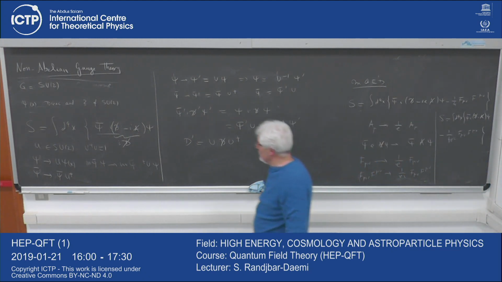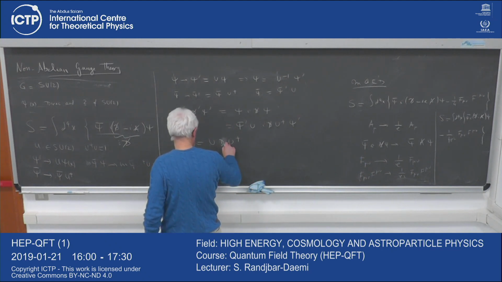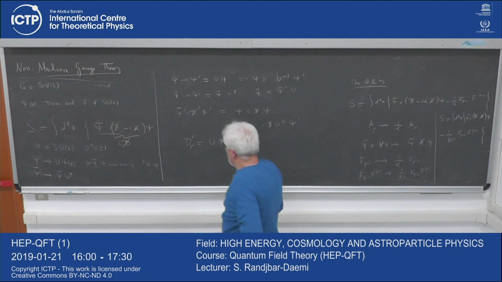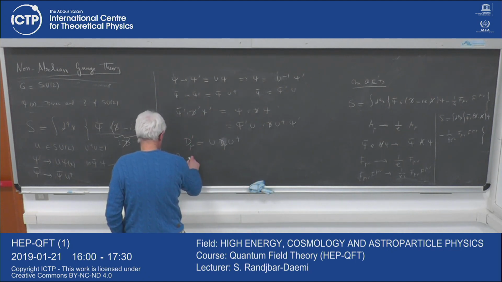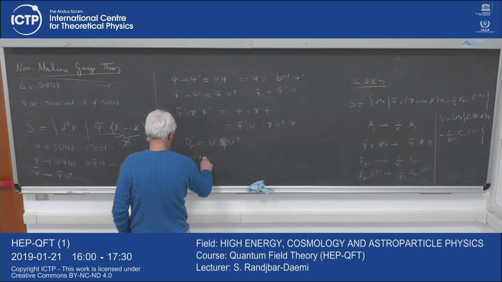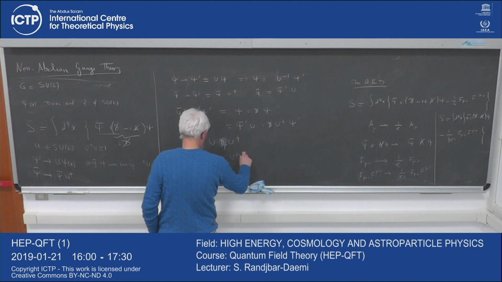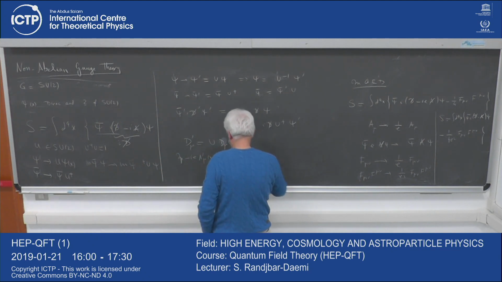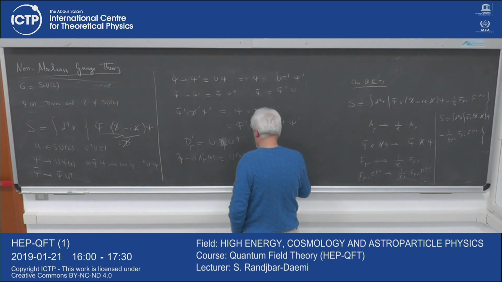And if you substitute for D, this D means D mu. Substituting from here, d mu minus I e A prime mu is U of x times d mu minus I A mu, times U dagger. I drop this e, because of habit I'm writing it.